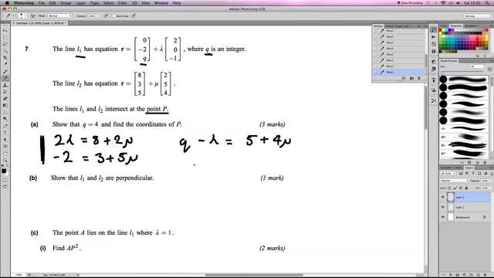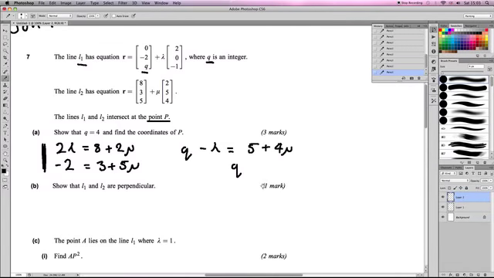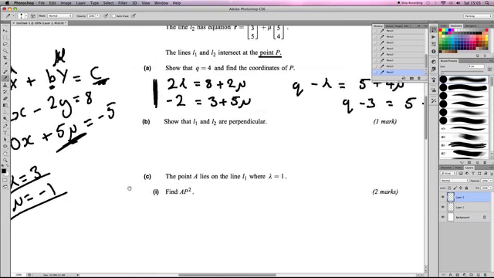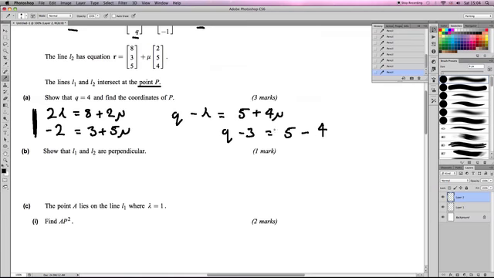So now we've got this equation here, so we need to find q. So q minus that 3 is equal to 5 minus 4. If we bring the minus 3 over, I'm going to plus 3. And that would just be minus 1, so q is equal to 4.